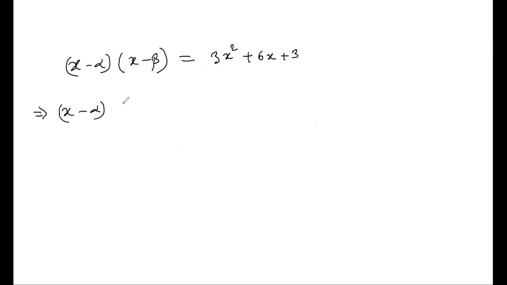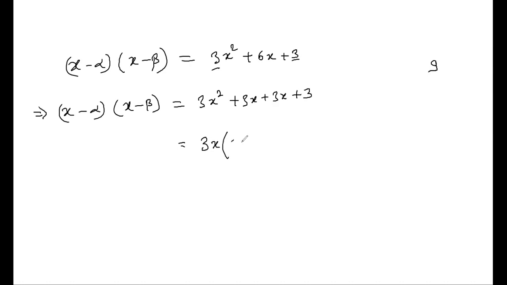So x minus alpha, x minus beta. If I see this is 3, 3, so it goes 9, right? So it's very simple. I can write like this: 3x square plus 6x plus 3. If I solve the first part, I'll get 3x common, right?